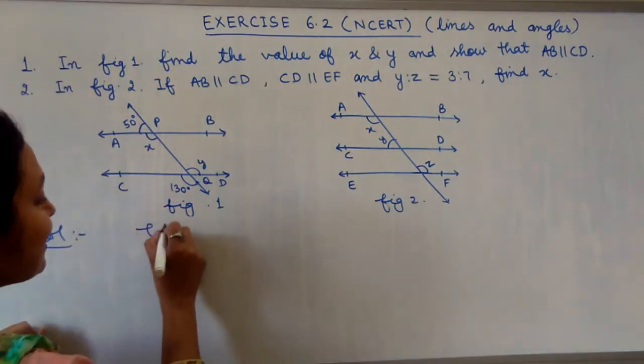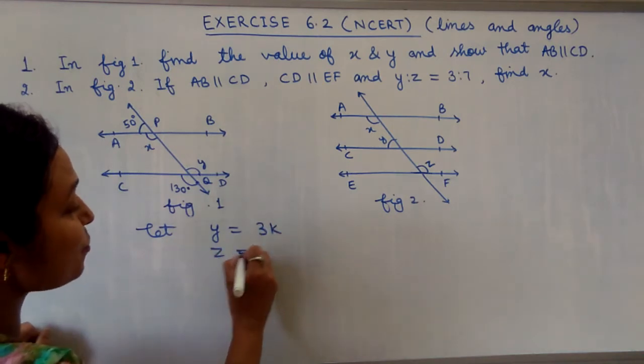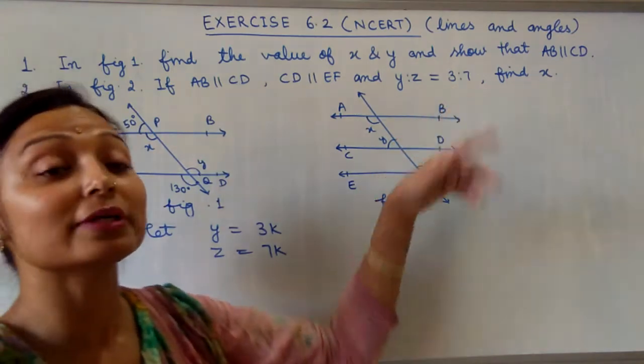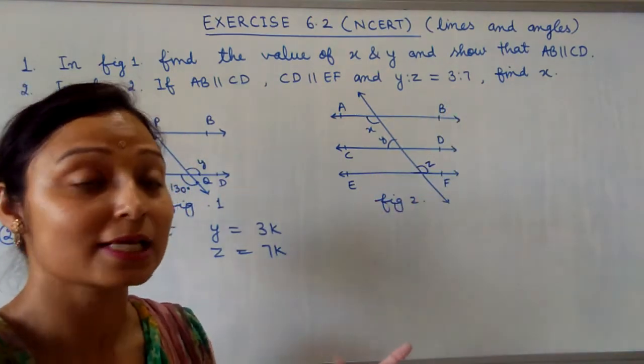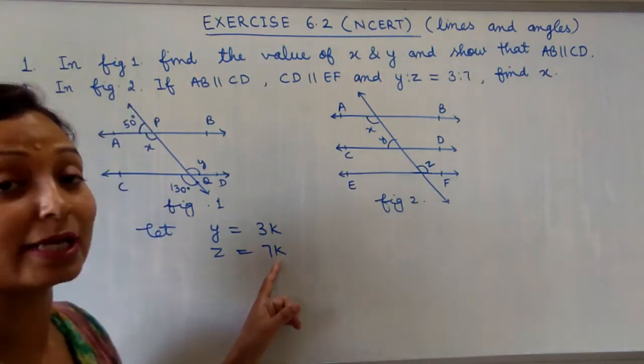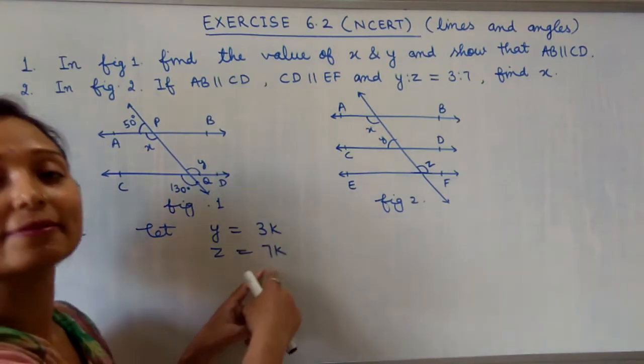First of all, let y be equal to 3k and z equal to 7k. Usually, if ratios are given, we take them as 3x and 7x, but here we should not, because x is already given. So suppose 3k and 7k.